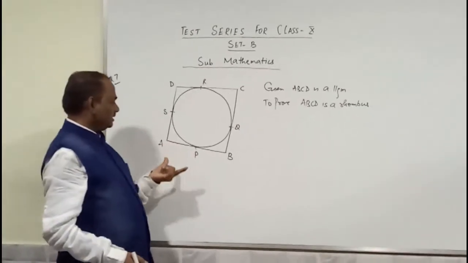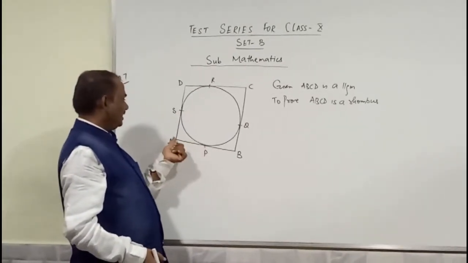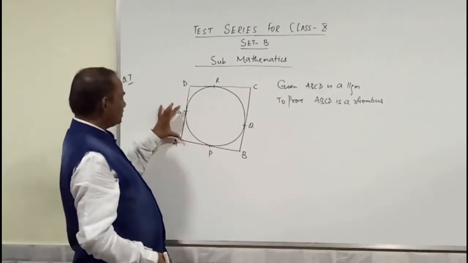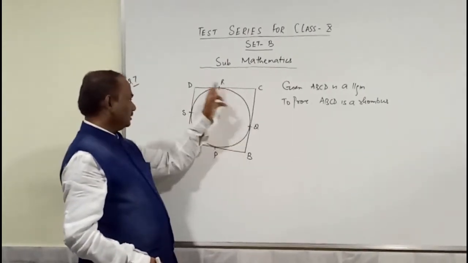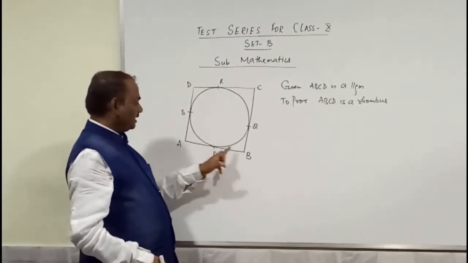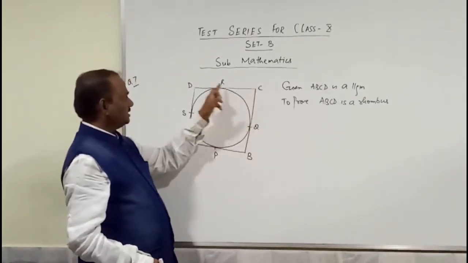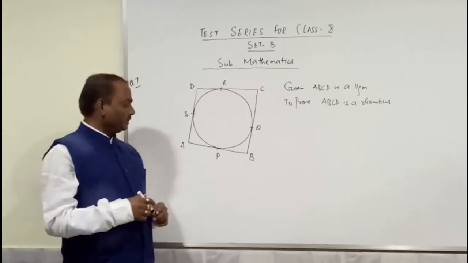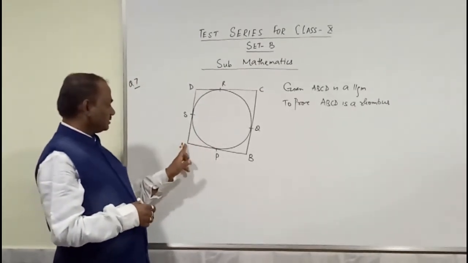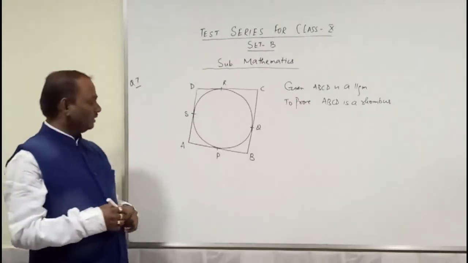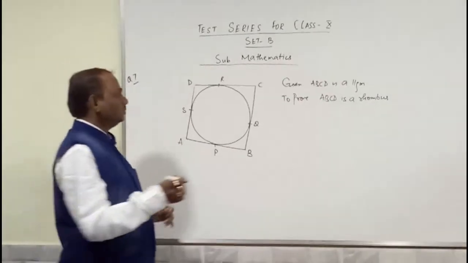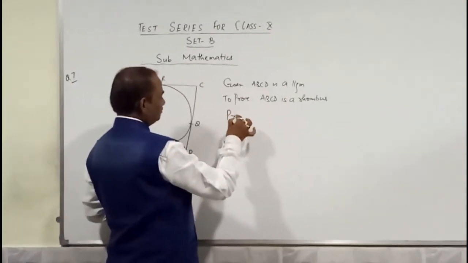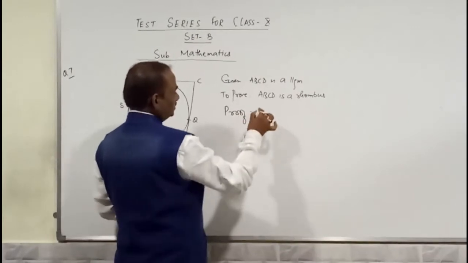Now here I can see that AP and AS are the tangent segments drawn from point A to this circle. Similarly, BP and BQ, CQ and CR, and so on. And we can again use the property that tangents drawn to a circle from an external point are equal, and we can solve it. So in our proof section, we will go in this manner.